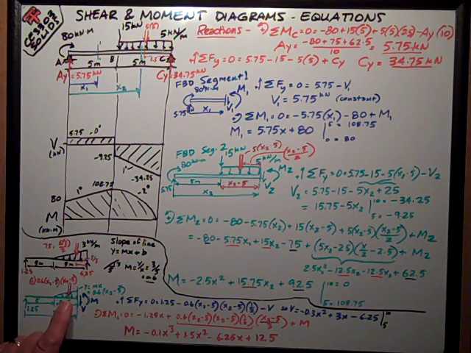Then its moment arm to this point here is the (x2 minus 5) distance divided by 3, because it's a triangle, 1/3 of the distance from the base, plus M. So it took me a page to write all this out. I've simplified it and summarized it right here. My moment is equal to negative 0.1x cubed, so I've got a third order curve, plus 1.5x squared minus 6.25x plus 12.5.